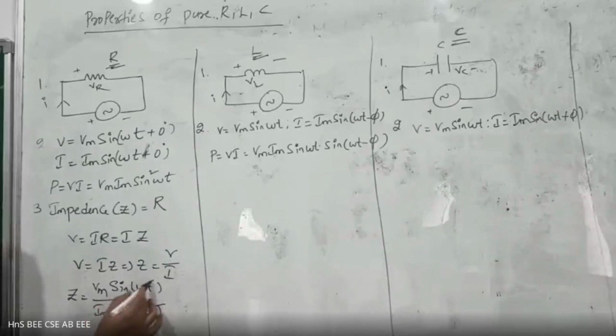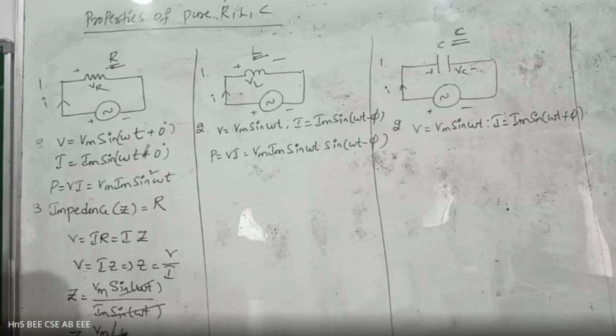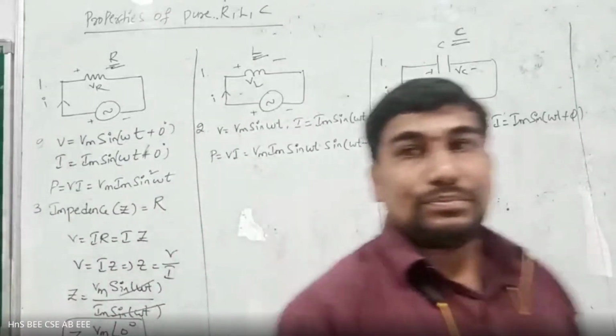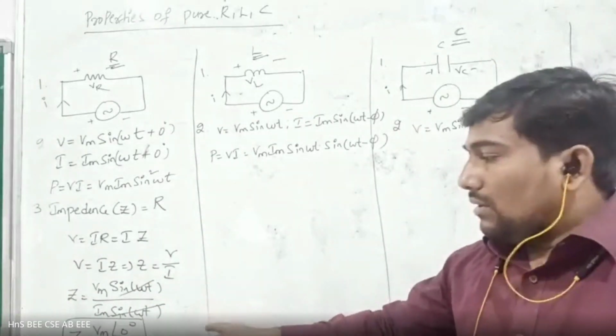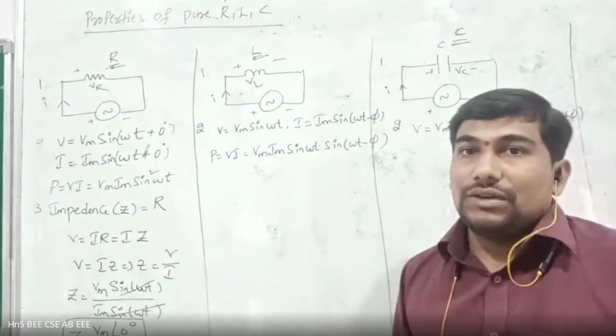Both sine omega t cancel, and the angle is 0 for both elements. Then Z equal to Vm angle 0 by Im angle 0. These are the impedance formulas for the pure resistor.